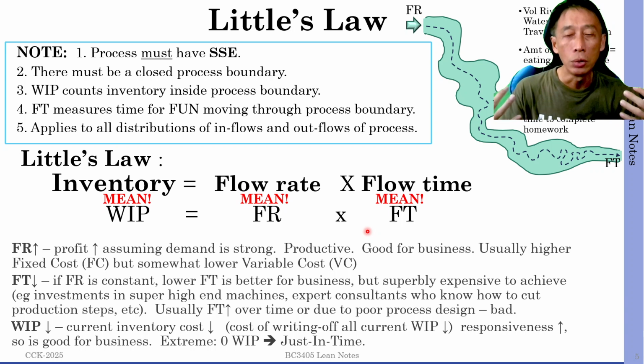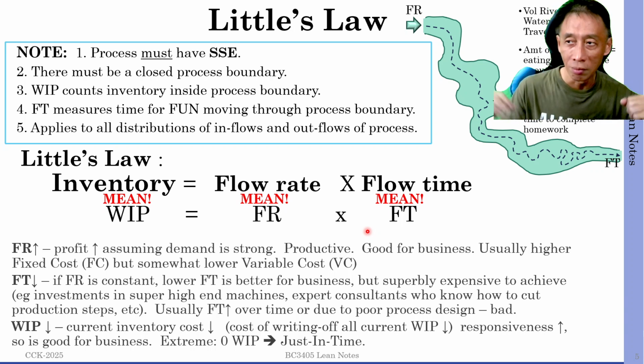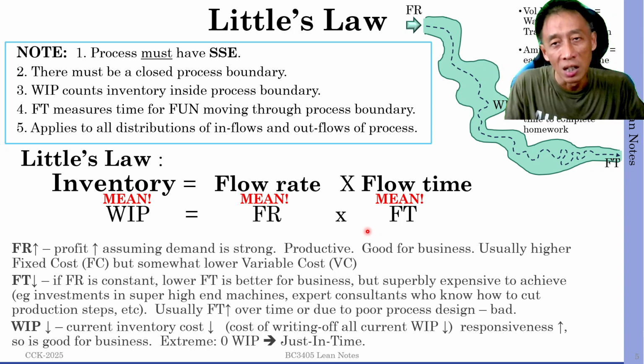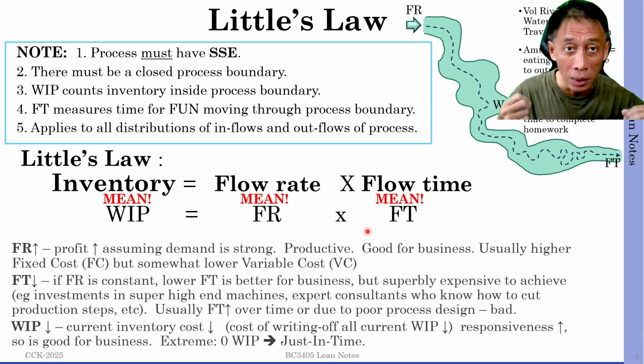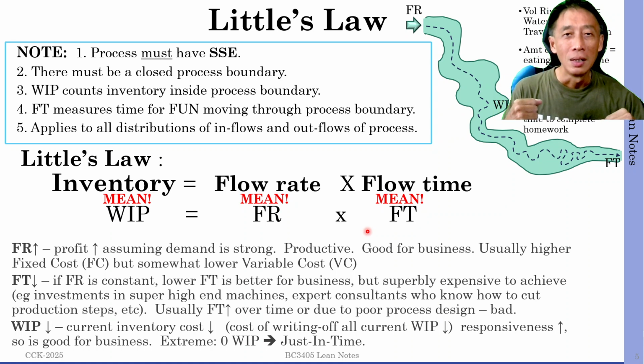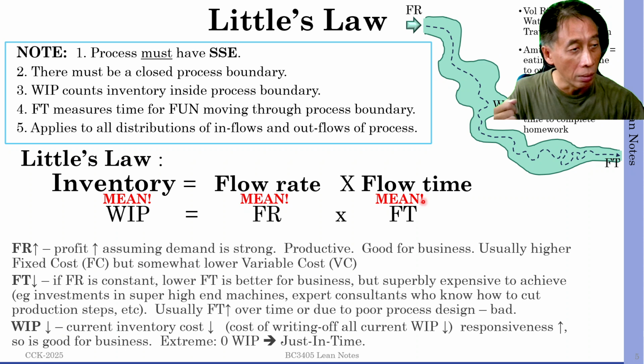Now, you might also object, but sometimes there are fluctuations, because one flow unit might take 1 hour and 2 minutes, another flow unit 58 minutes, and more of those fluctuations. Then what is the flow time? Well, here the red font is where we try to make sense of these fluctuating numbers.